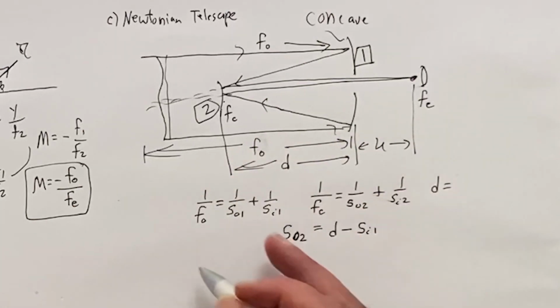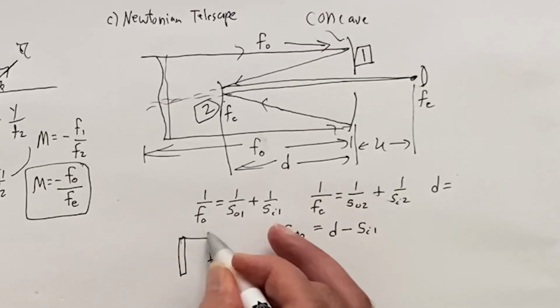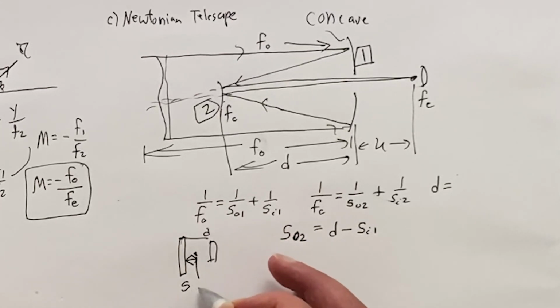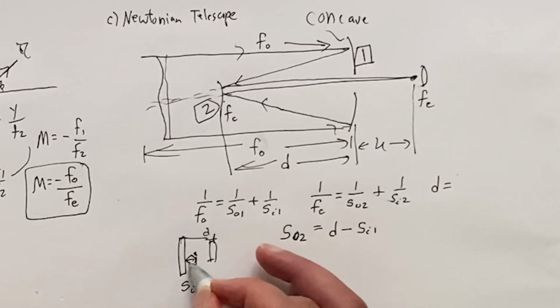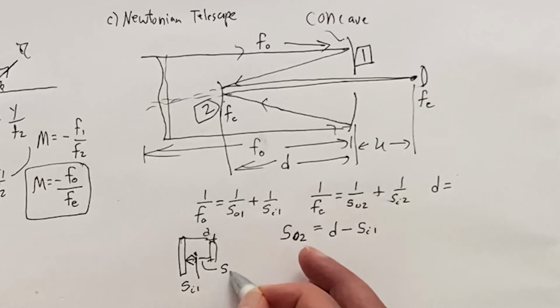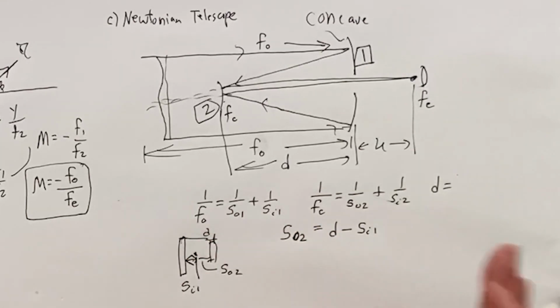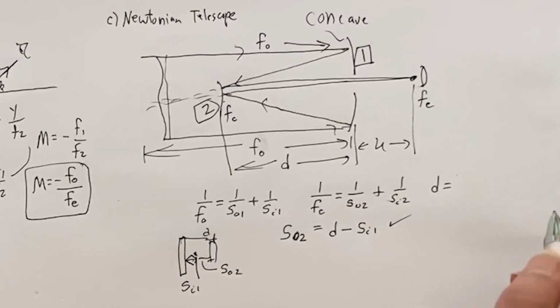In other words, I set these things up in general. When I have two optical elements like this, separated by D, I assume this is going to be SI1. Then I take D minus that to get the SO2. And if the SI1 is somewhere crazy, I'll get negative signs, I don't care. I just set it up so everything's positive to get my equation set up right. This is correct. And then I don't worry.